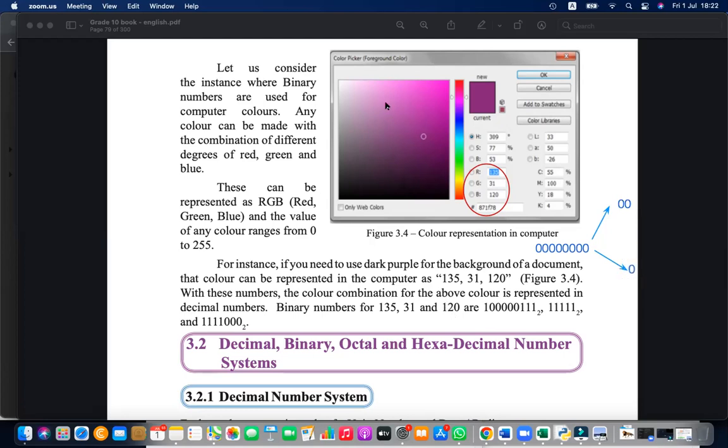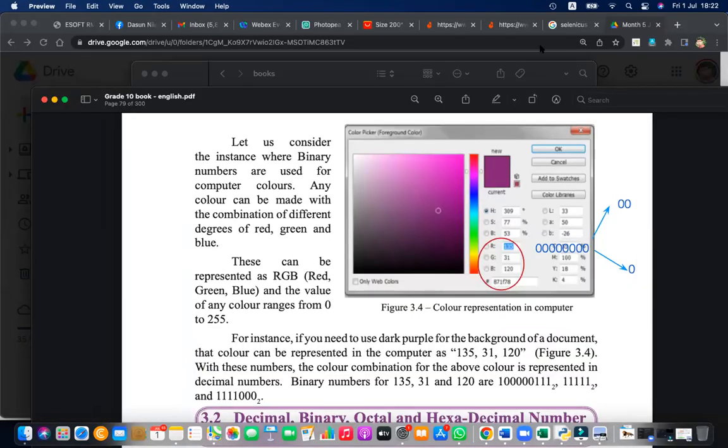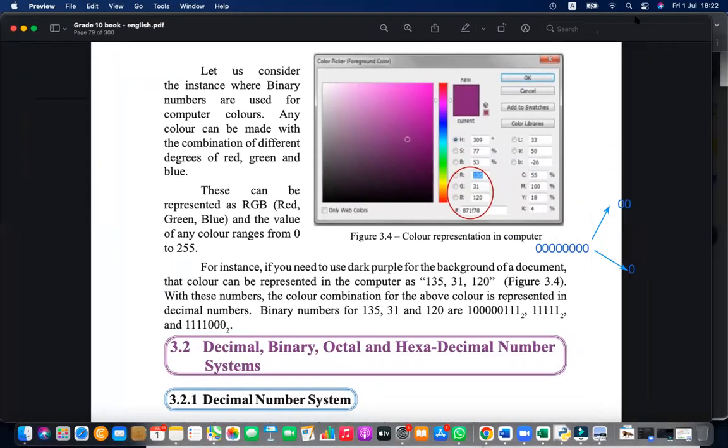Then the green portion. So what is the color that I have asked about, green color, right? So what about the green portion?